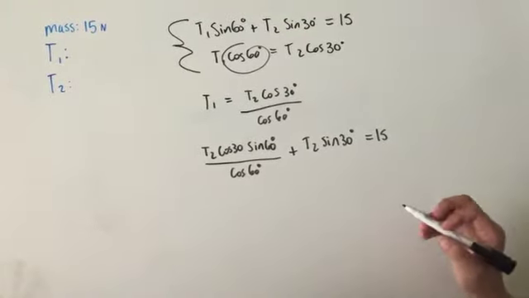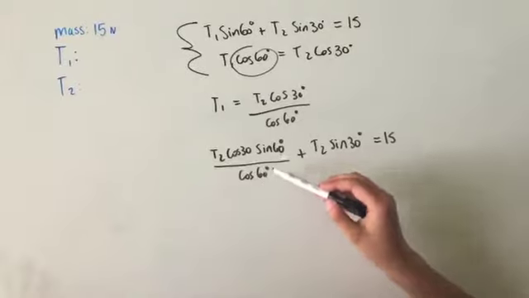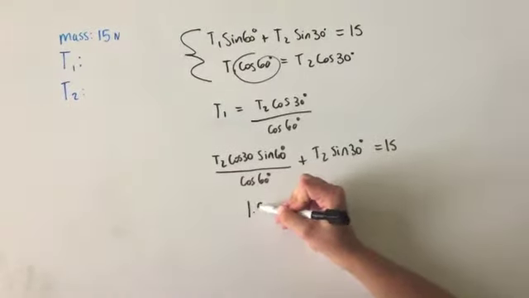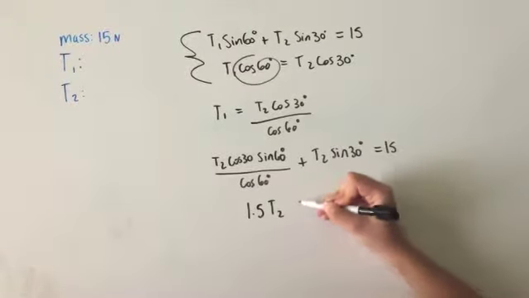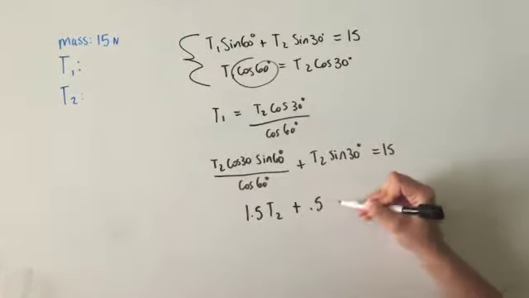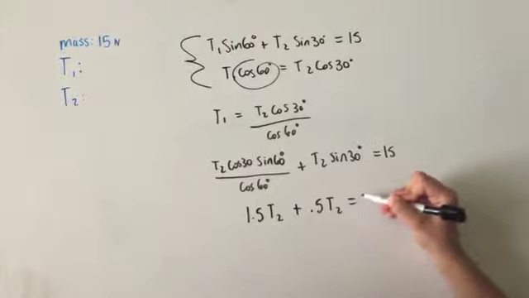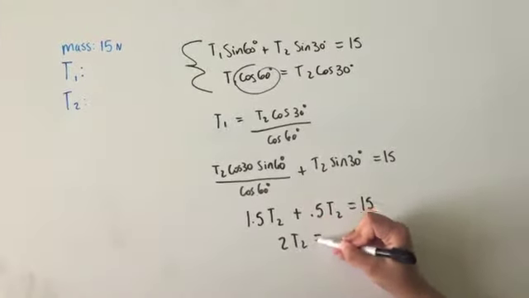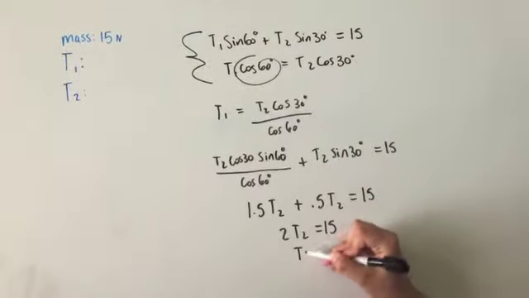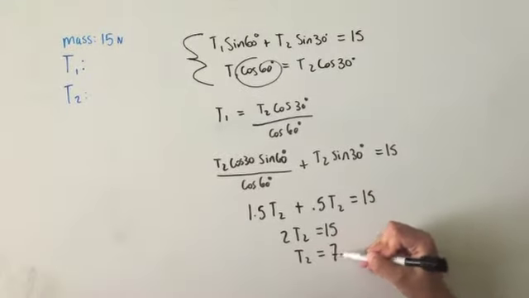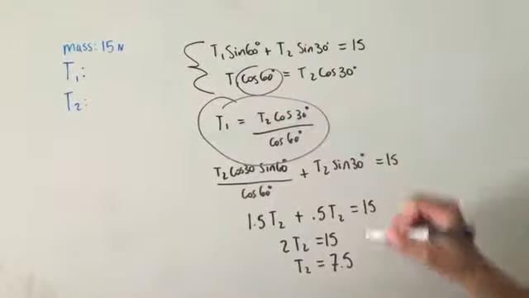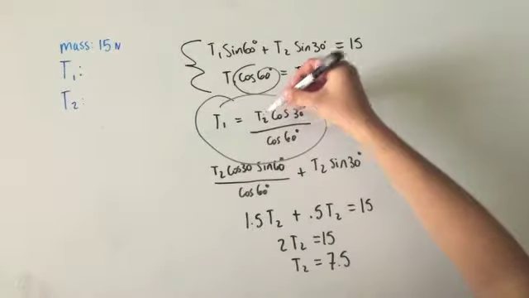So since we know the values for cosine 30, cosine 60, sine 60, and sine 30, we can say that 1.5 T2 plus 0.5 T2 equals 15. Therefore, 2 T2 equals 15, and tension 2 equals 7.5. Now, to solve for T1, we just simply plug this back into here.